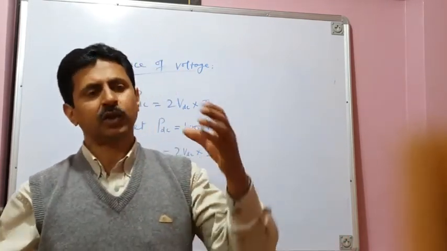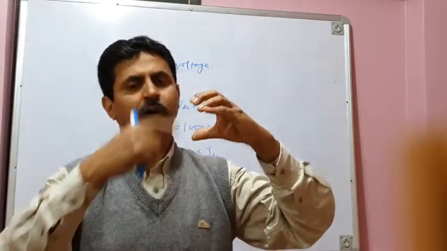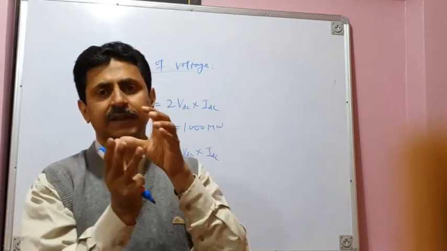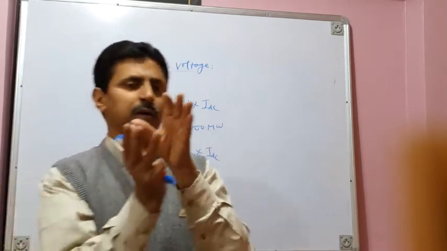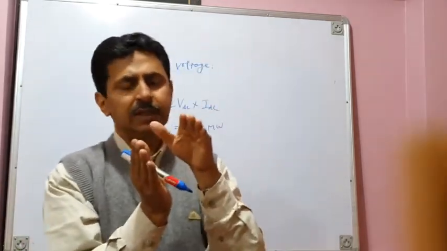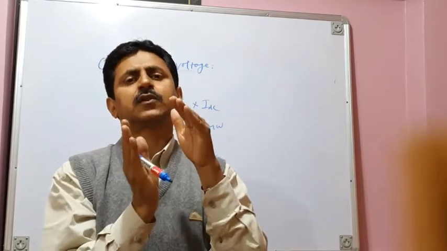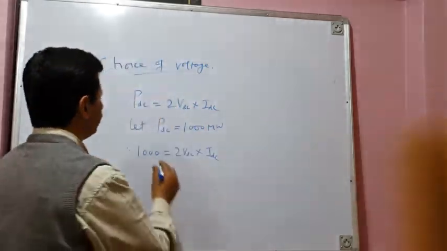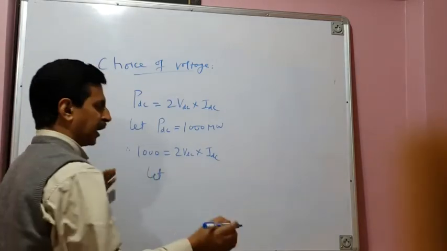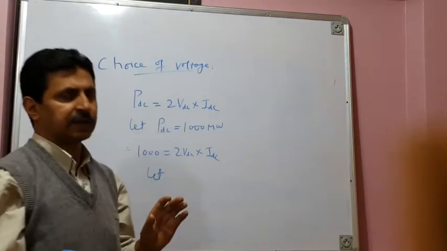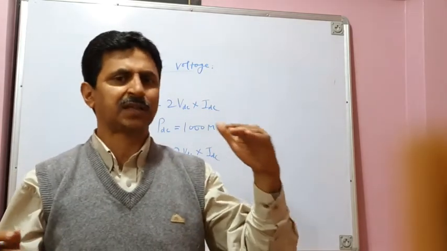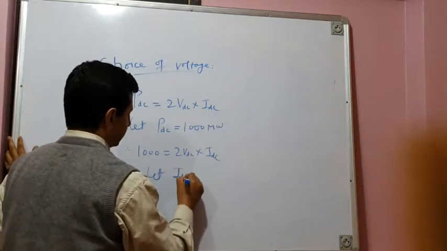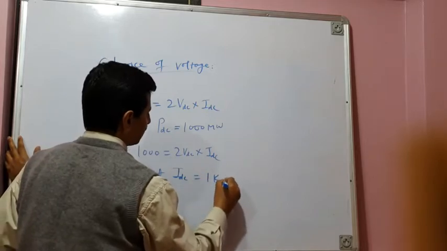In the market, you have conductors of particular standard cross sections, standard thicknesses, and according to the available standard sizes, you decide about the current. Let us assume we choose a conductor whose cross section is such that it can pass a maximum current of 1000 ampere. That is, IDC is 1 kiloampere. 1 kiloampere means 1000 ampere.